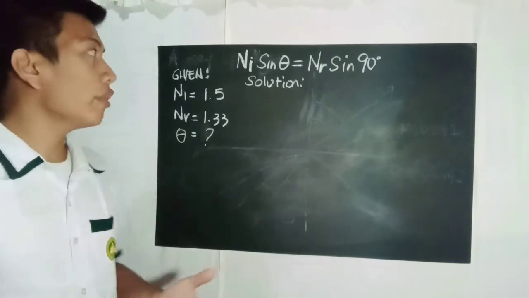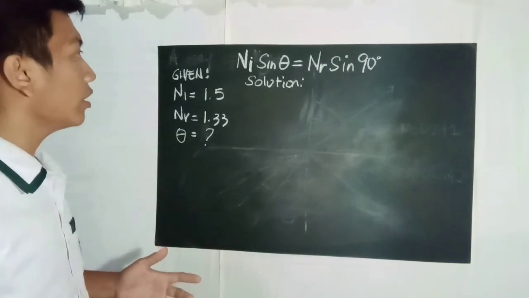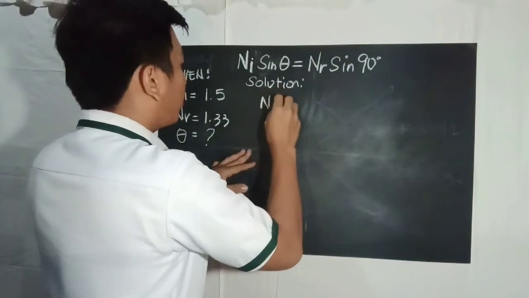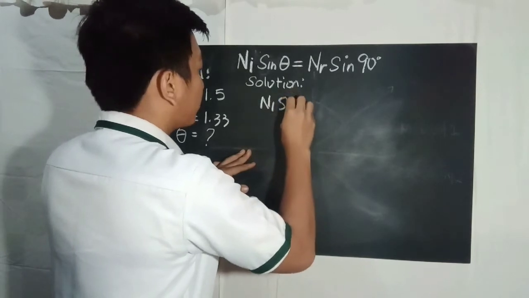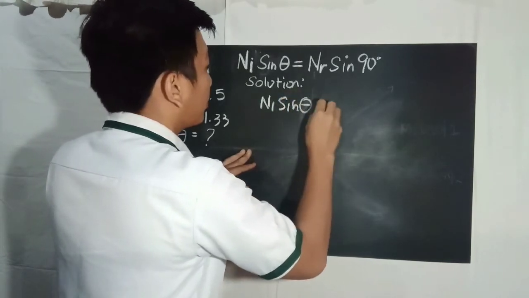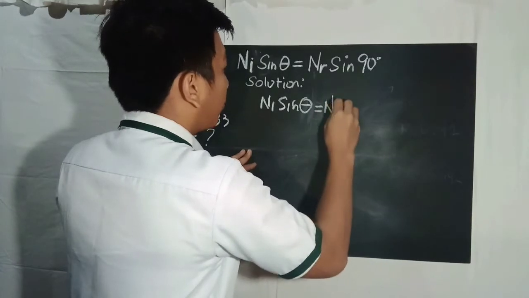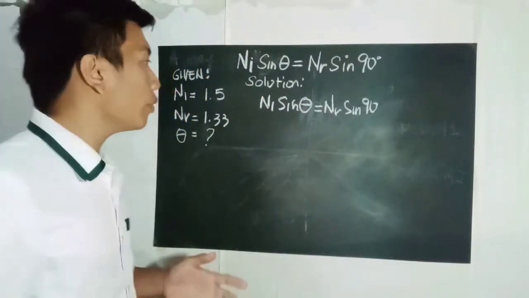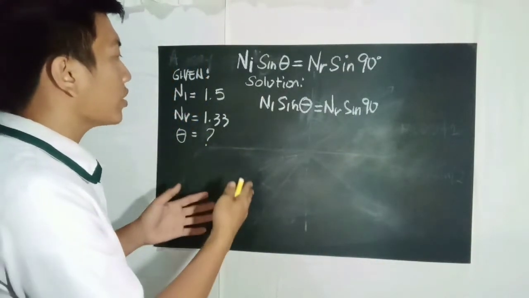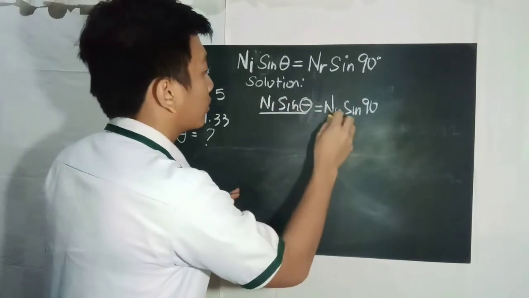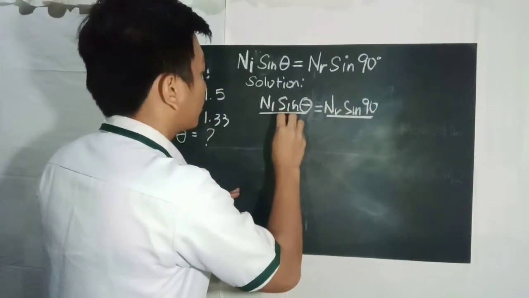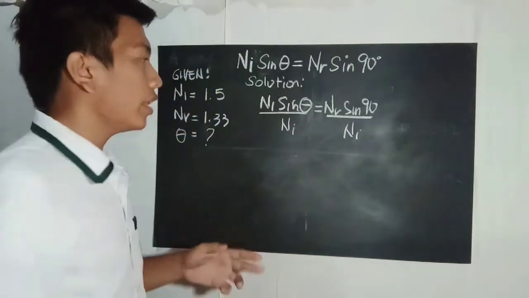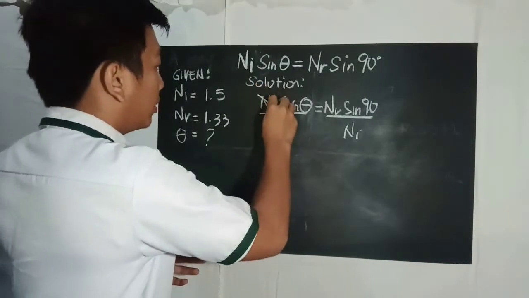Since we are going to find the critical angle theta, we will first derive this formula. Index of incidence times sine theta is equal to index of refraction times sine 90 degrees. First, we are going to divide both sides by the index of incidence, and then we cancel this out.